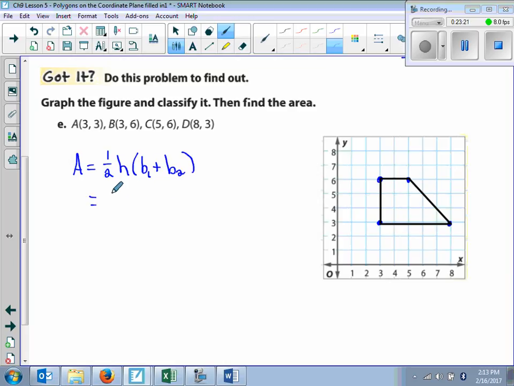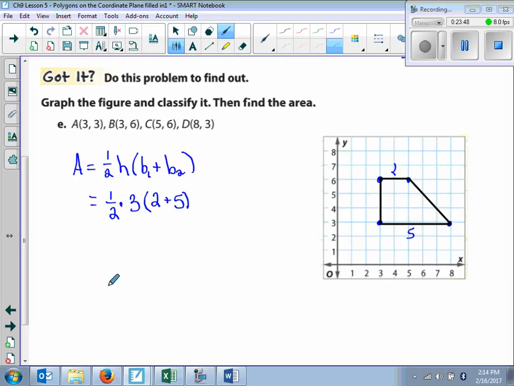So we've got 1/2 times the height, which is 1, 2, 3. There's the height, times 3. Times the sum of the bases. So this base up here is 1, 2. And this base down here is 1, 2, 3, 4, 5. So this is going to be 2 plus 5.